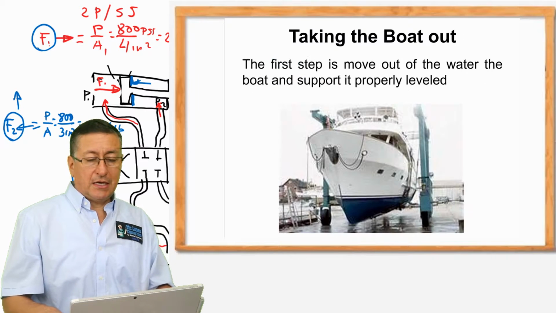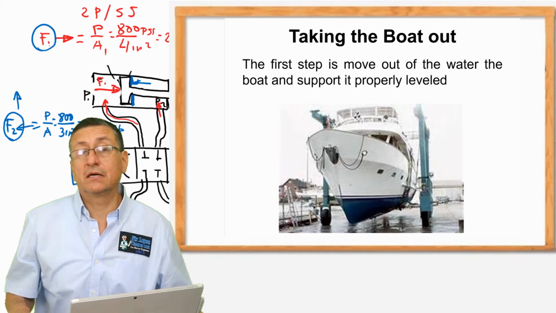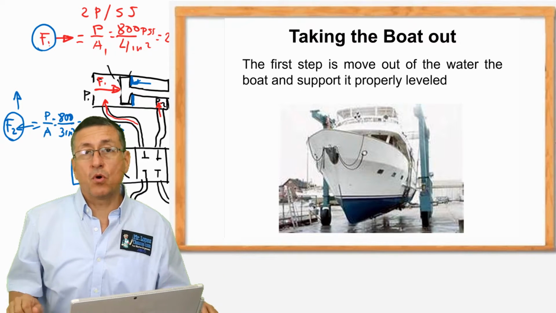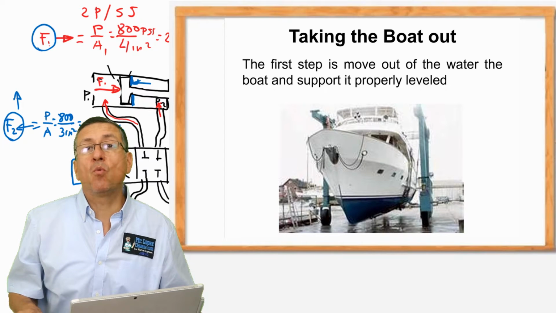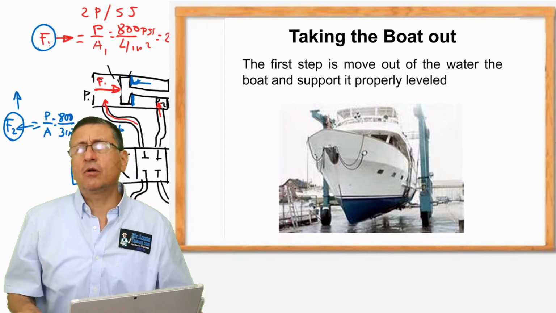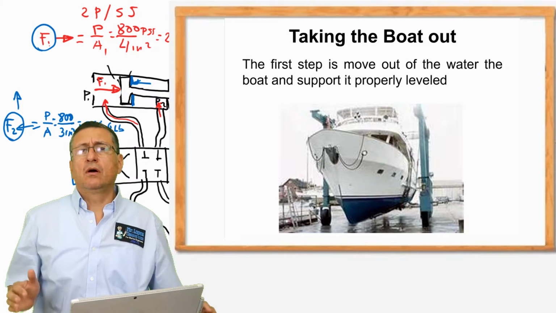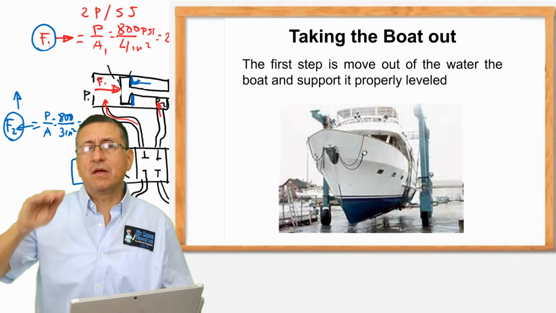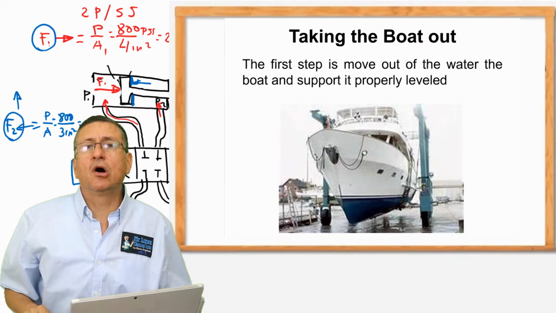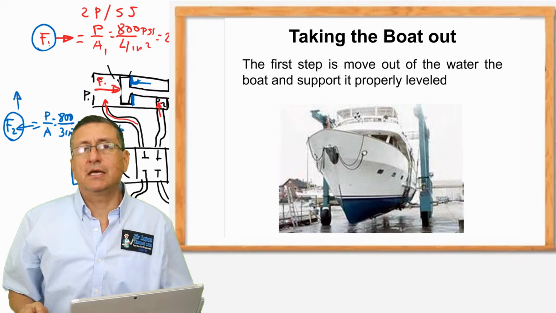The first step is to put the boat out of the water and mark where the water line is located on the boat. Normally when you take the boat out of the water, you have the mark of the water on the hull. This is important.